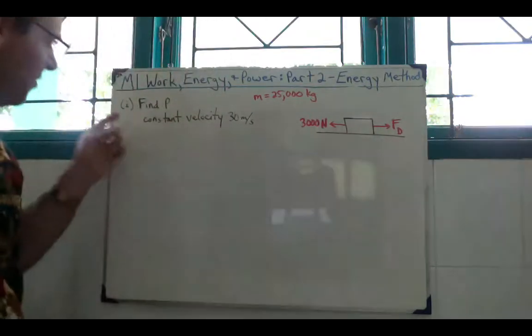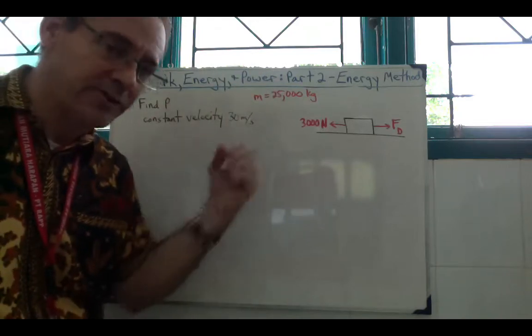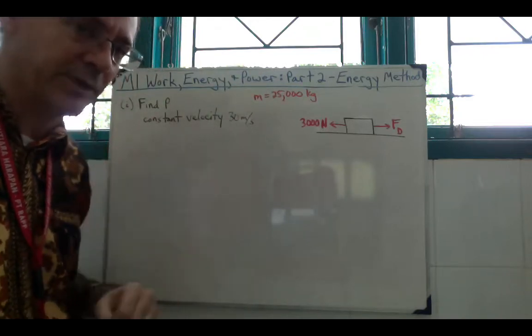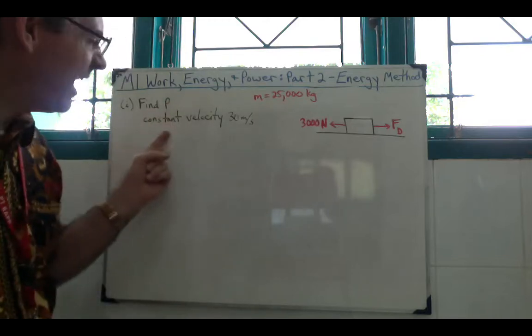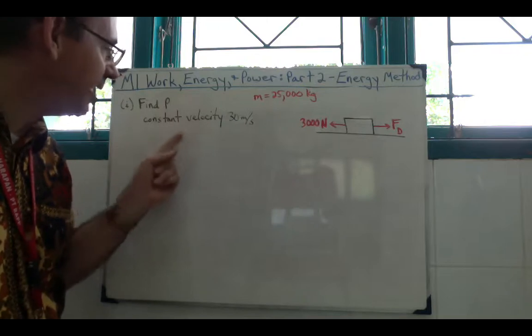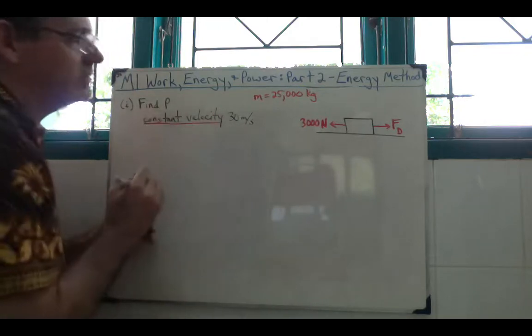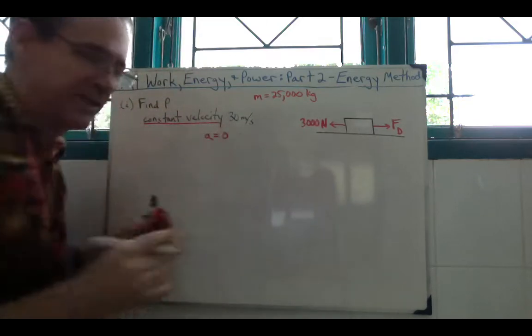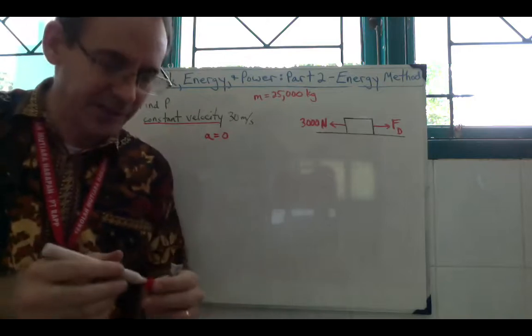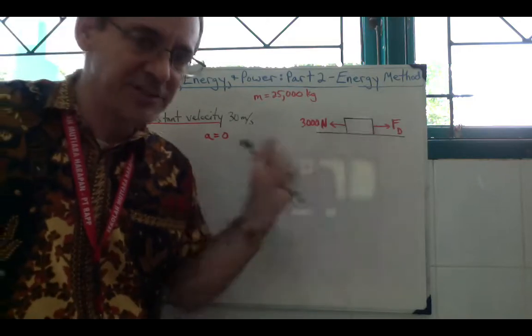And it wants us to find power, which is actually what we covered in part 1. So a little bit of review here before we get to part 2. Find the power when it has to maintain a constant velocity. Constant velocity means that our acceleration is 0, and no acceleration means that our forces are balanced.